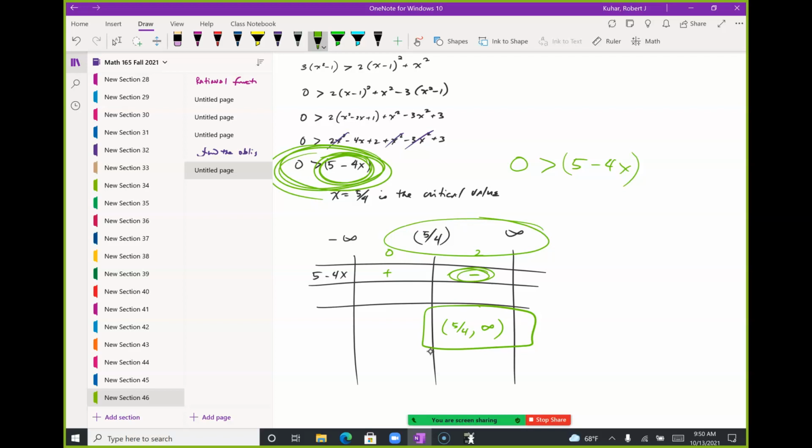Gotcha. And so the weird part was, well, how do I start? And that's the key: solve for 0. Get everything on one side, and then do some algebra. Get it down to a factored form. Okay, thank you. Nice.